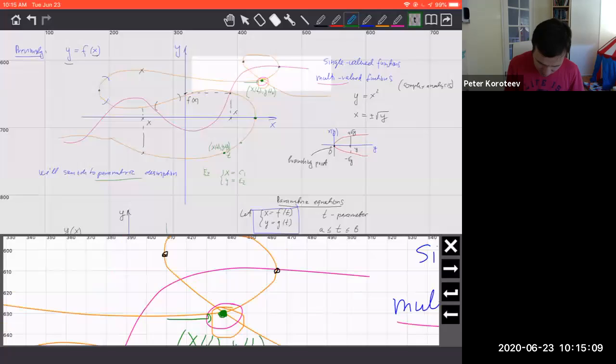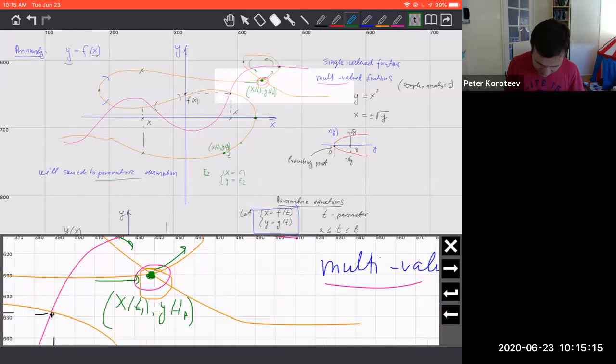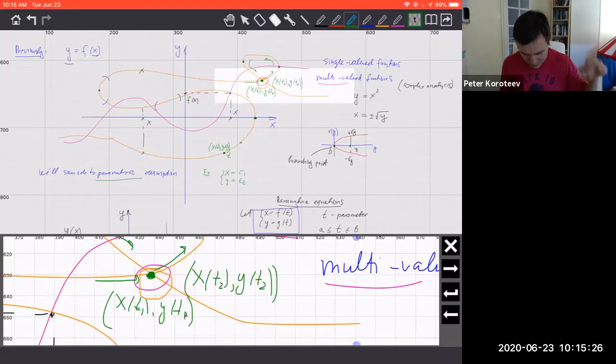And then we made the loop, so the parameter t changed even further, and came back again to this point. This point also has a different description in terms of x of t2, comma y of t2, right? So although this is the same point on the xy plane, technically we should think of 2 different points which parameterize the curve, right?